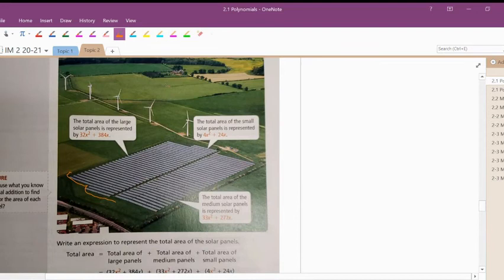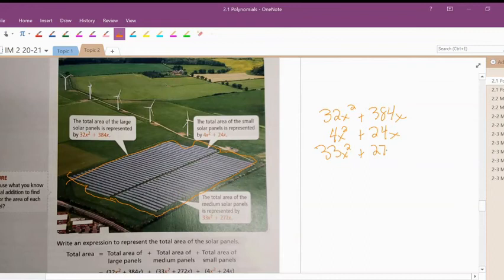But they want to find the area of that whole thing. So we're going to add 32x squared and 384x. We're going to add to it 4x squared plus 24x. And then the medium ones are 33x squared plus 272x.